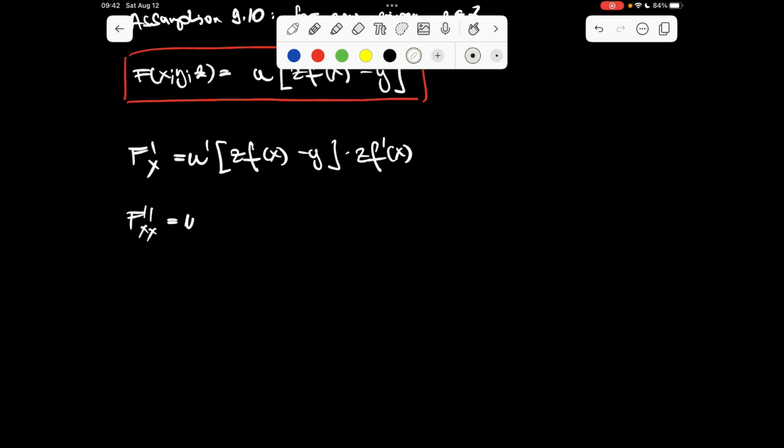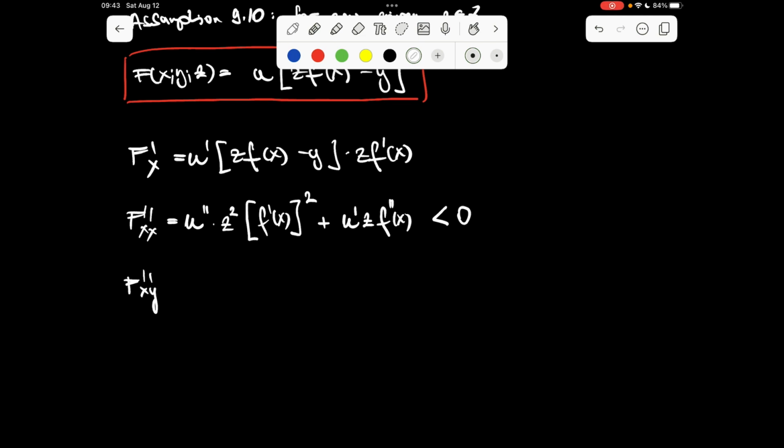This is the first term in the Hessian. I am trying to be as precise as I can. This is the second term in the Hessian.